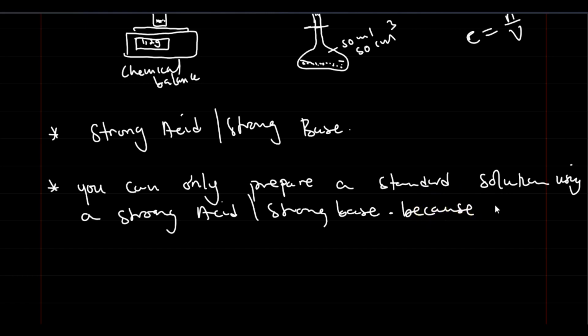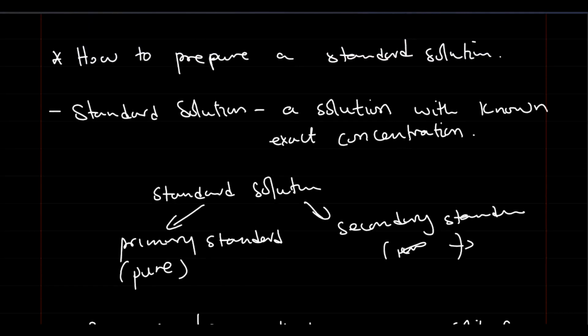Because strong bases and strong acids ionize completely. So we can be sure that everything is in the solution. So theoretically we can calculate the concentration. We will use these standard solutions later in titrations.